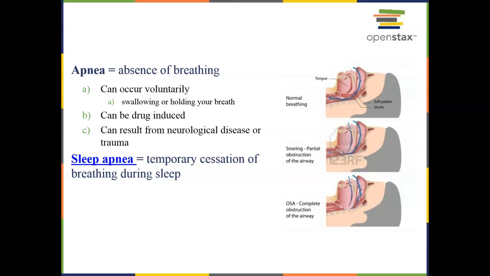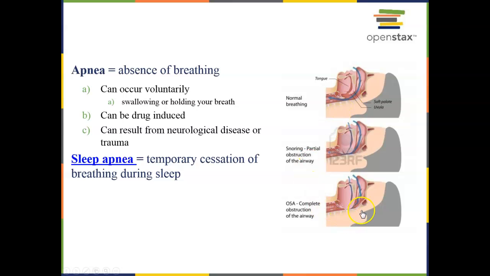And so a very common reason for sleep apnea is an obstruction. So obstructive sleep apnea is probably the most common form of sleep apnea. And so here you have that soft palate with the uvula. And we have these muscles here. So when you sleep, your tongue relaxes. You have the soft palate here with the uvula. It relaxes.